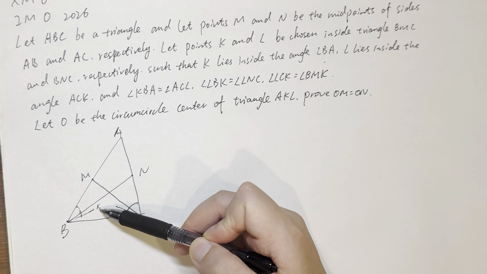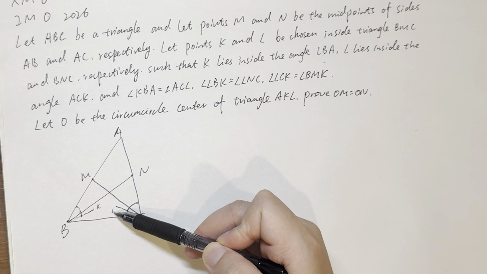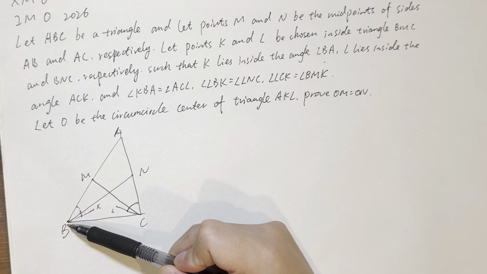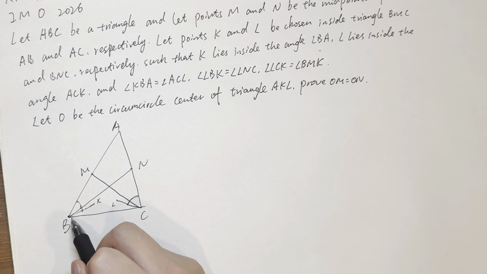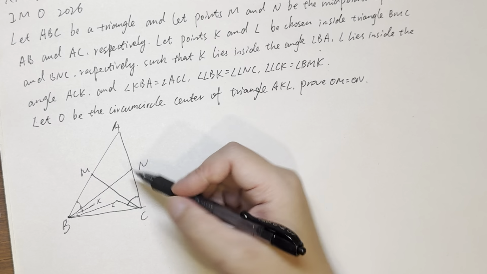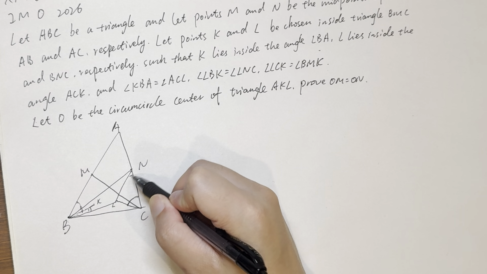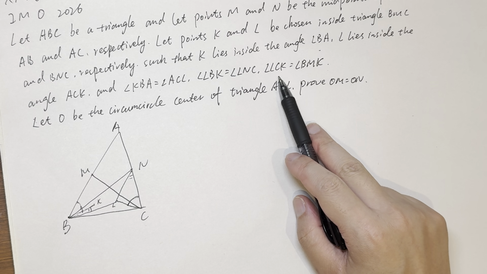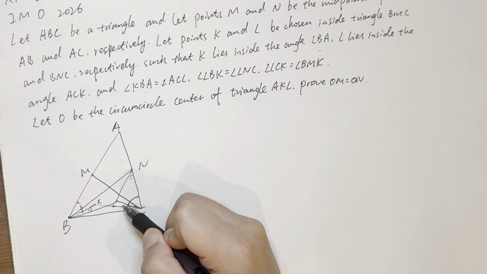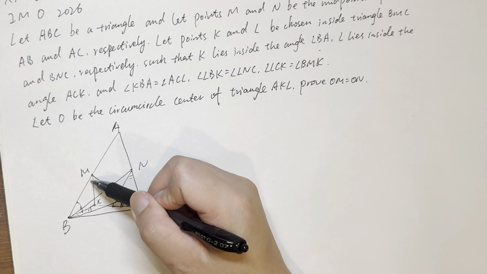And so angle KBA equals angle ACL, and angle LBK equals angle LNC. So we want this one equals to this one. And angle LCK, we want this one equals angle BMK.